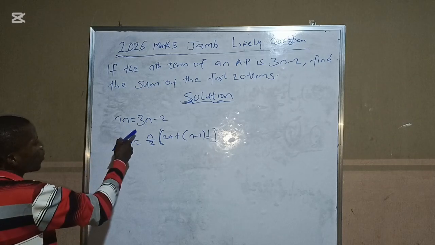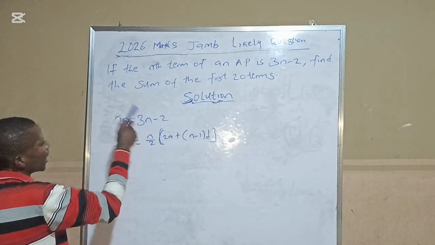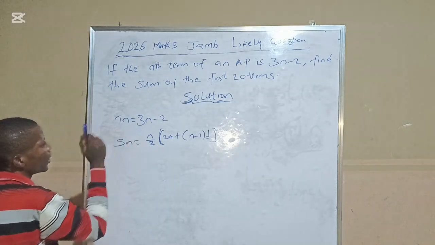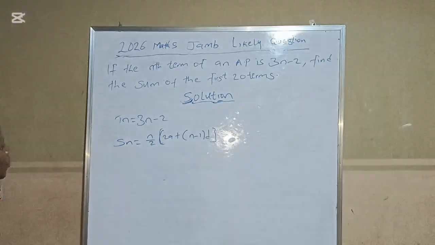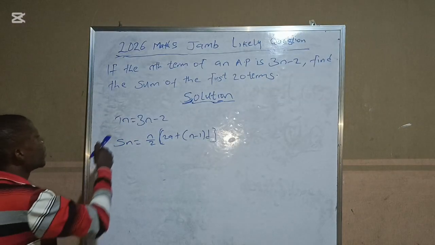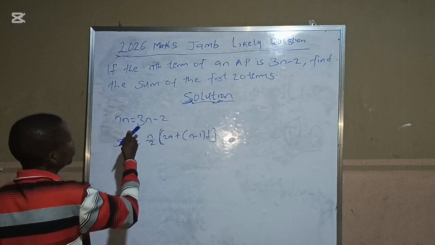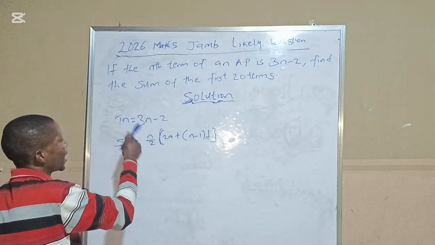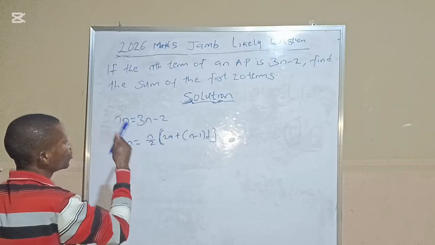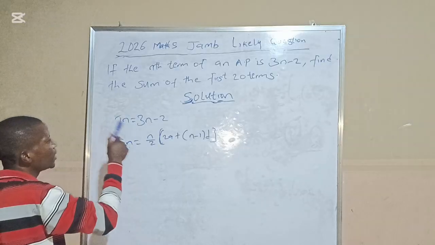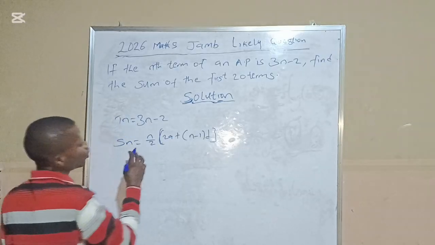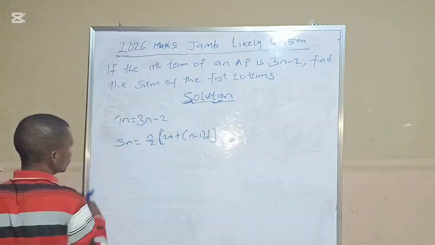But from what we are given here, we can actually calculate a and d. We are given the formula for the nth term of an AP, so you can substitute values for the first and second term to calculate your first term and your common difference, so you can solve this question.